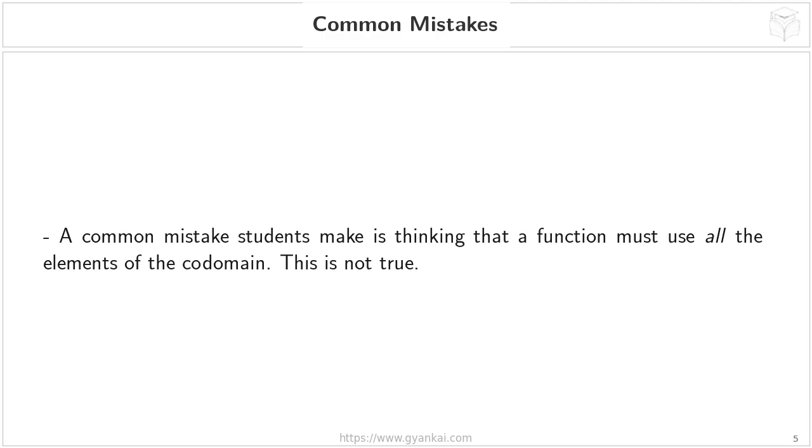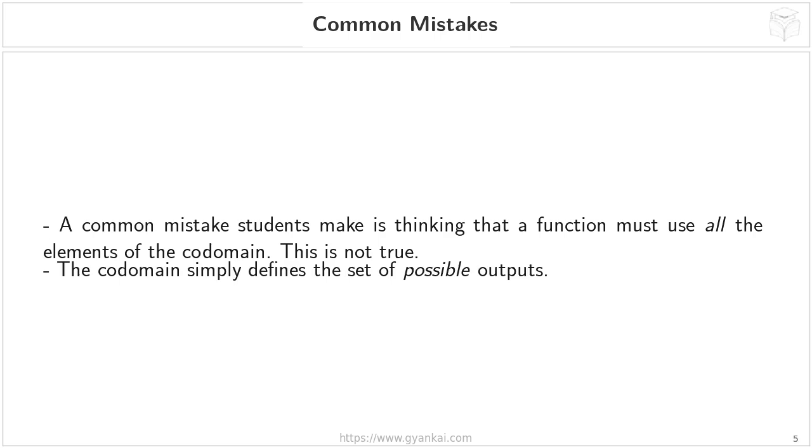Common mistakes. A very frequent error I see students make is believing that a function must use every single element within its codomain. That's not actually a requirement. Remember from our earlier examples, like with function g, we had a codomain with several numbers, but the function only outputted a few of them. The codomain simply defines the set of possible outputs.